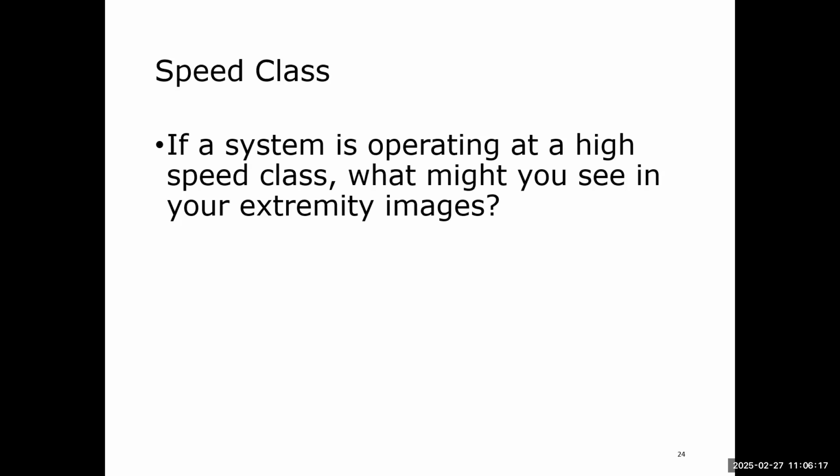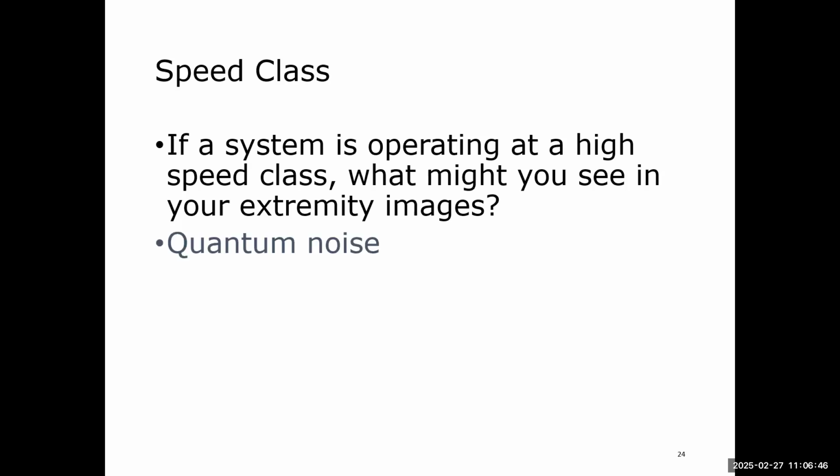You think about the mass values that you're using for fingers, hands, toes, feet. It's low, right? Probably not much more than 2 in most cases. A lot of times it's 1 or 1.5. So if you're operating at a high speed class, then it's not going to take as much mass to give you 0.5 MR. Therefore, you might see some noise in those images.